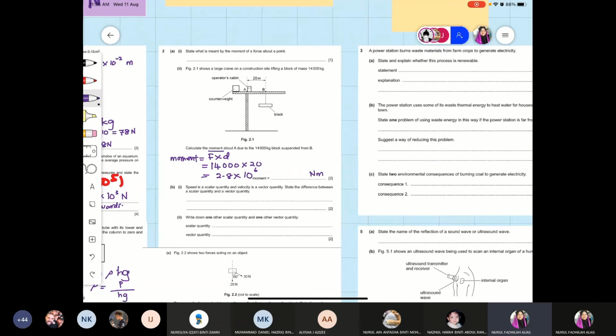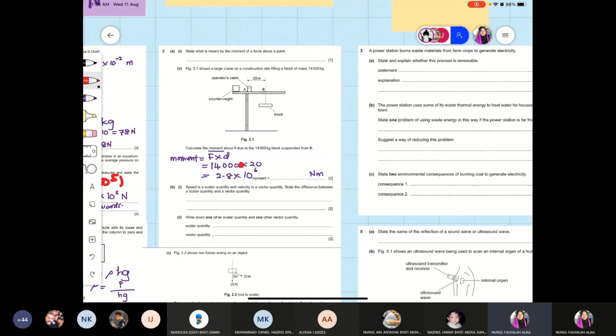Bukan kena jarak 10 ke? Good. Ya? The 140,000. Saya salah kat situ. Okay, very good students. Okay, ada kena tambah kat zero. Kenapa? Kenapa kena tambah zero? Sebab itu yang dia beri adalah dalam unit mass, kilogram.